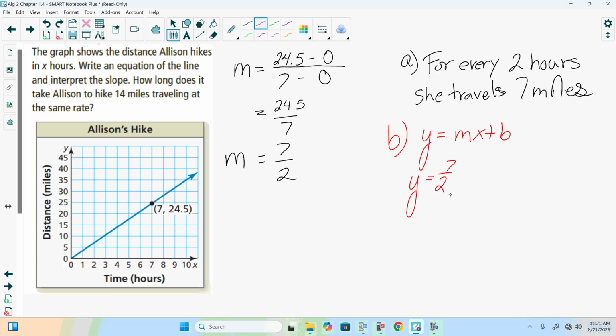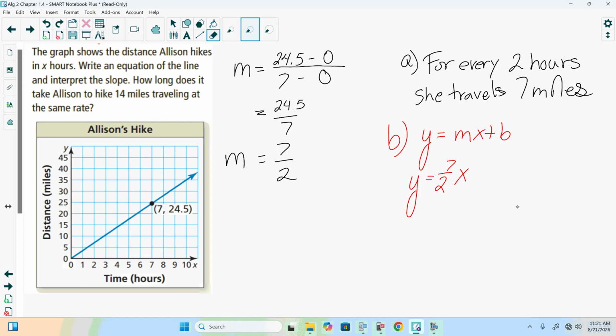So 7/2 x plus 0. We don't need plus 0. It's not adding anything. It's just y equals 7/2 x, yes? Questions on this so far? Y equals 7/2 x. That's our equation of a line, yes?